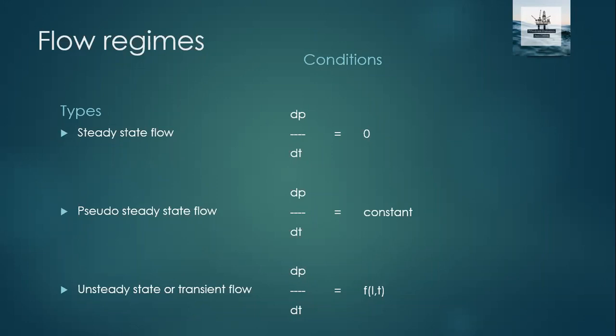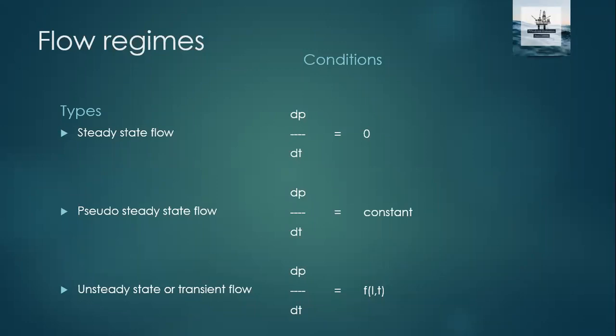Pressure change will happen, and because of that, fluid starts to flow into the well. Immediately, once you start to observe flow into the well, the first flow you witness is unsteady state flow. Unsteady state flow is the first flow which happens immediately after opening the perforations.